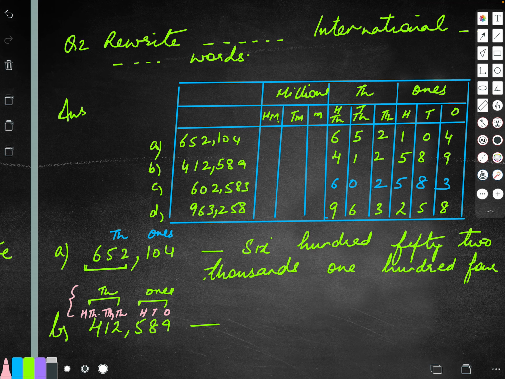This part is not required to write in the notebook. If you want, for one sum or two, you can for practice. But then recall it that way only. Right? So this is 412 and 589.